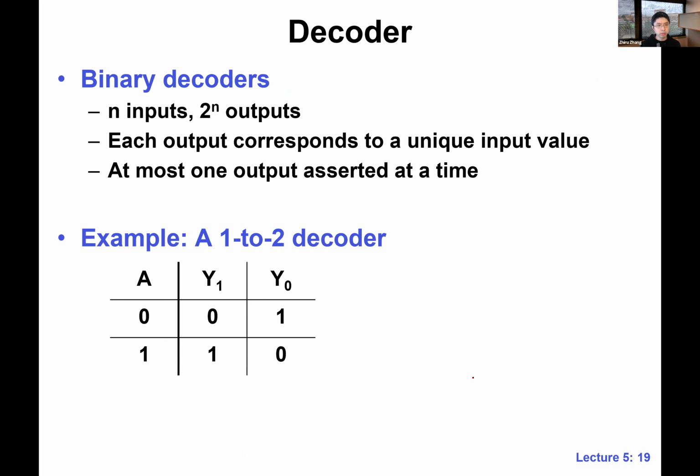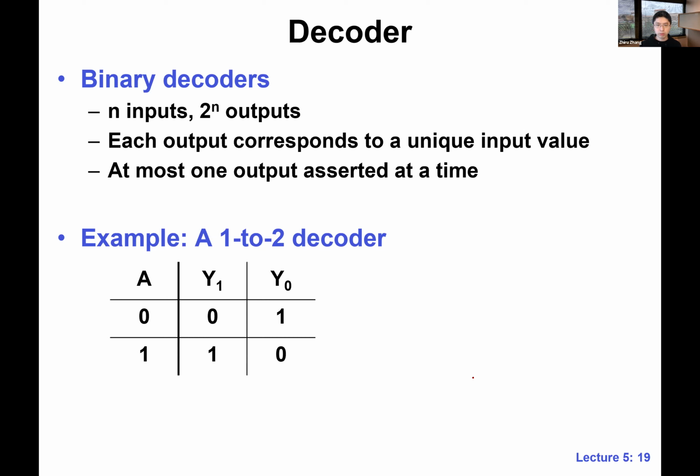When we say decoder, we usually refer to a binary decoder. This is where we have n inputs and 2 to the n outputs. So far, in most of the Boolean functions we have seen, we usually have more inputs than outputs. This is the other case for a decoder. We have a lot more outputs.